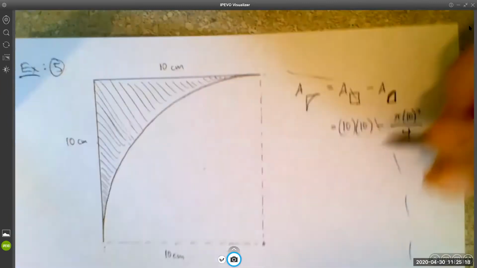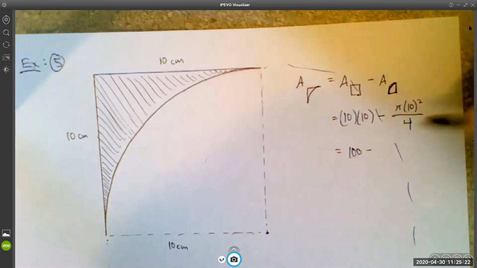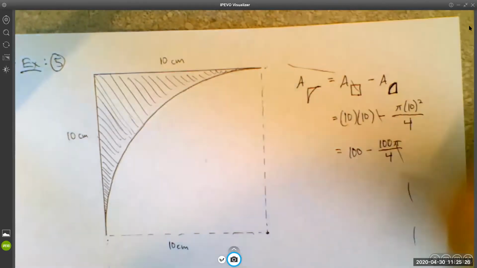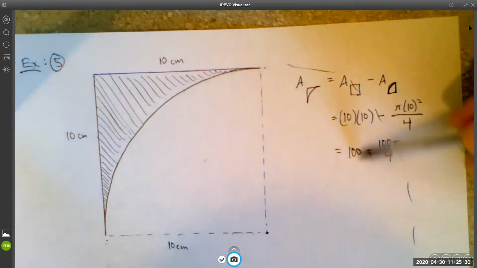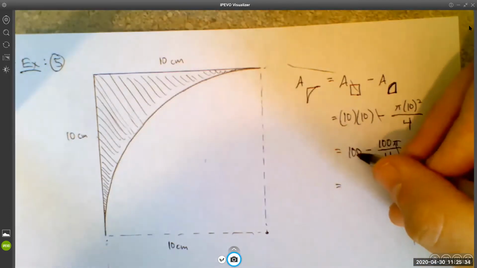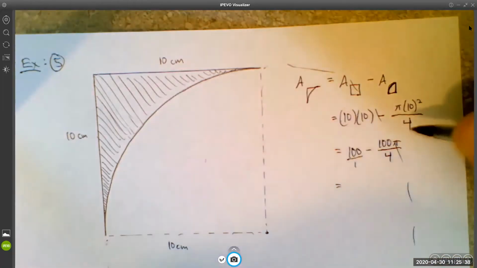Okay, so let's work this out now. So we're going to have 100 minus 100 pi divided by 4. Now you can get a common denominator and combine the fractions. If I get a common denominator, I would multiply by 4, right? I'm thinking of this as 100 over 1, right? And I multiply by 4 over 4.